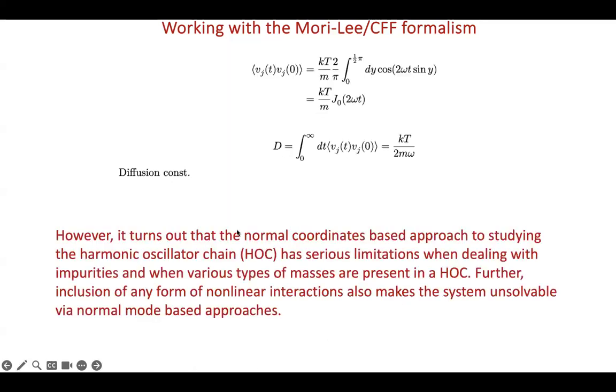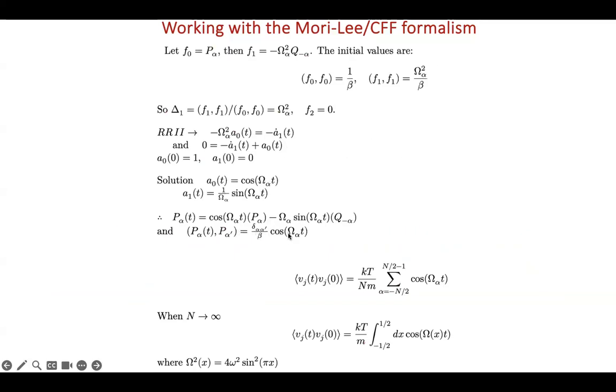They have to be the same, otherwise it won't work. Cosine of omega alpha t. You can't ask for anything simpler. So ultimately you are just left with one frequency here, and therefore Vj(0) becomes the sum over all of these modes of the cosine of omega alpha t. Alpha keeps changing as the particle keeps changing.